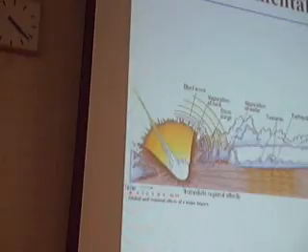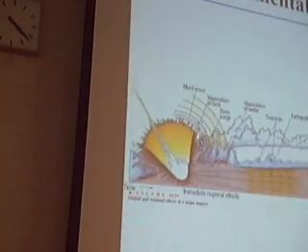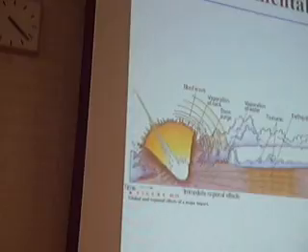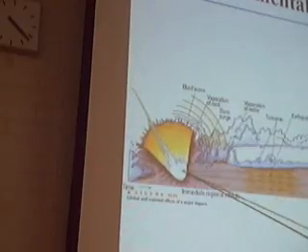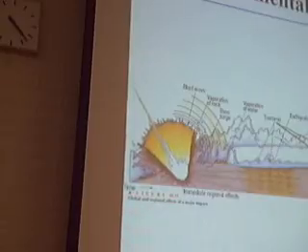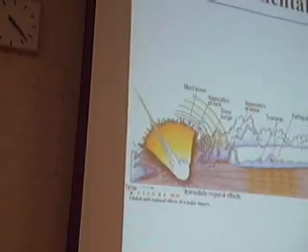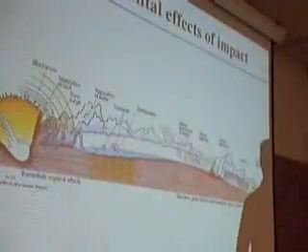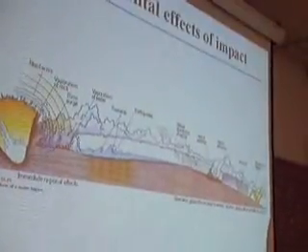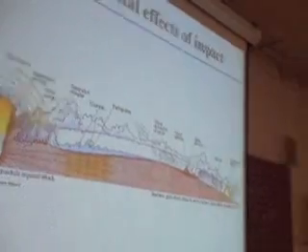We don't go into details, but the impact itself is rapid. It has several effects on the ecosystem. It can produce total melting, tsunami waves, earthquakes, maybe wildfires, darkness and acid rain. But it's a very complex interaction, and I don't go into details.